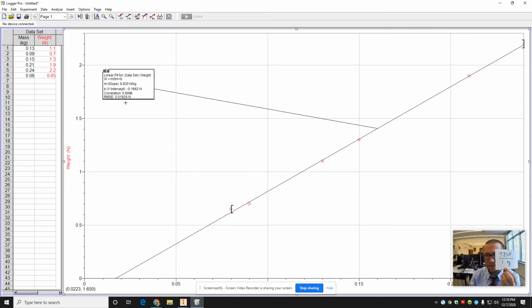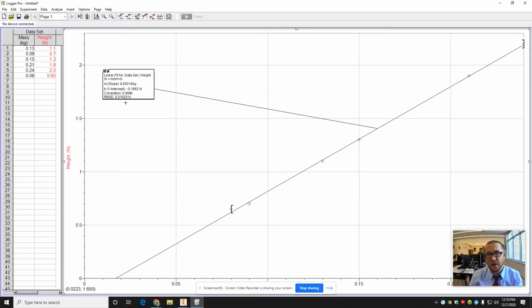So what it's telling us is 1 kilogram of mass has a weight of 9.83 newtons on Earth's surface.